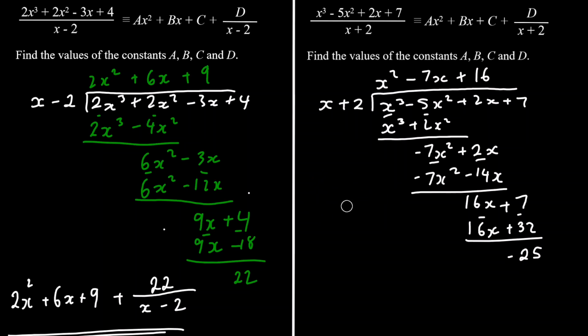So exactly the same as that. The answer from our division is x squared minus 7x plus 16. Our remainder was negative 25, and our denominator stays the same.